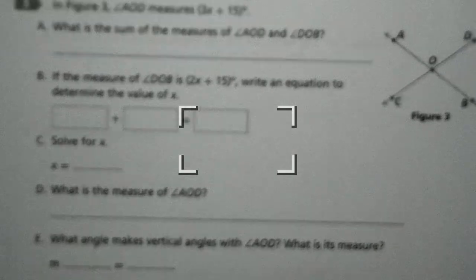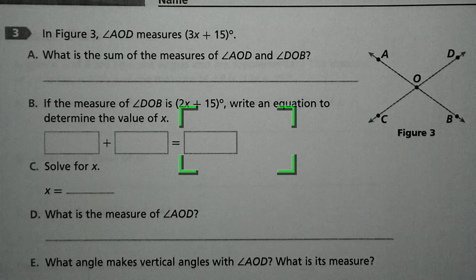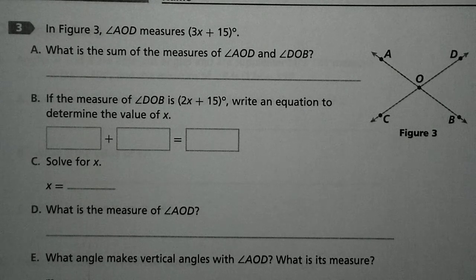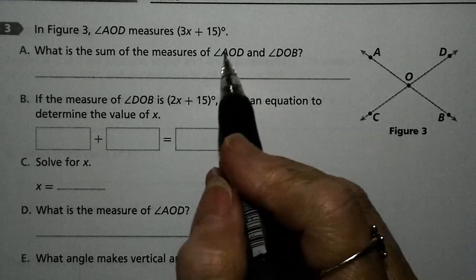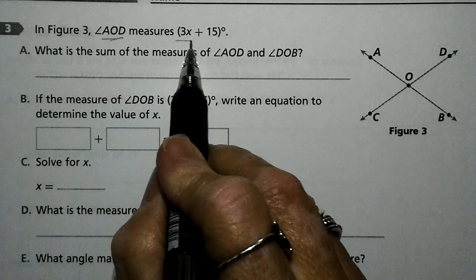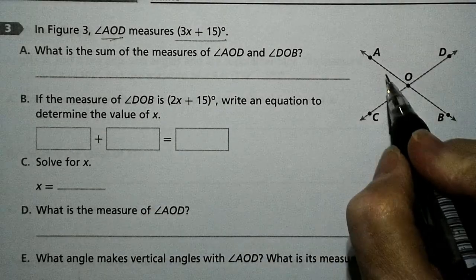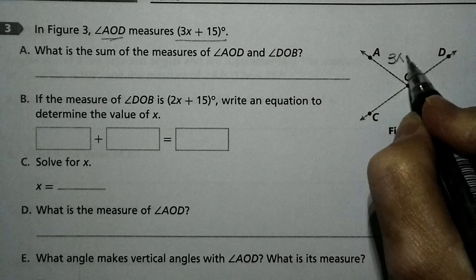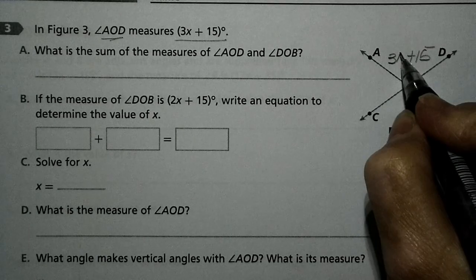All right, so moving on to the last one. We are running out of time. Okay, so what is the sum of measures AOD and DOB? So once again, AOD is 3x plus 15.